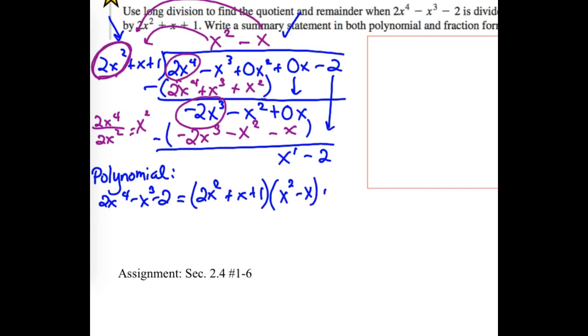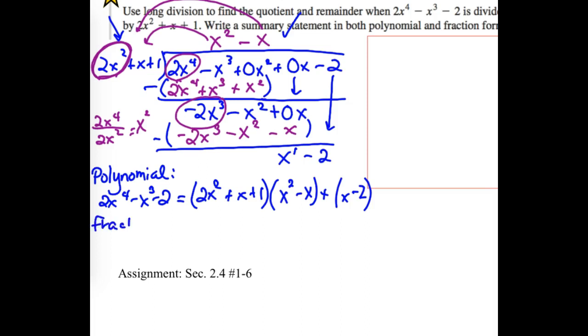And then we add in our remainder here, which is x minus 2. Okay, that's polynomial form. And if you actually FOILed or multiplied everything out and combined like terms, you should get back to this 2x to the fourth minus x cubed minus 2.